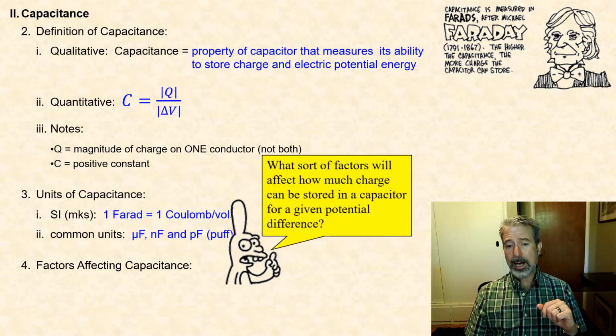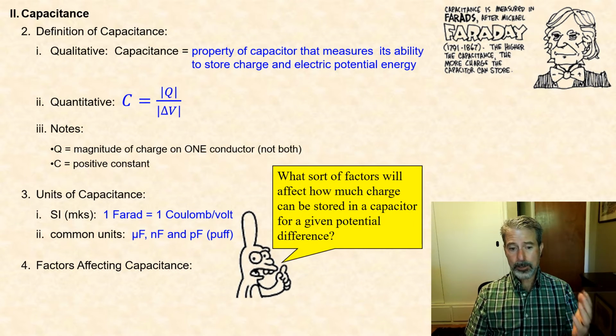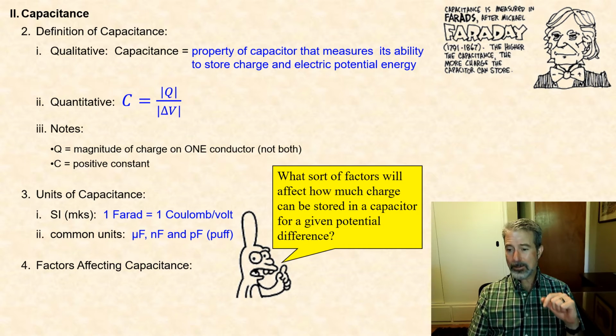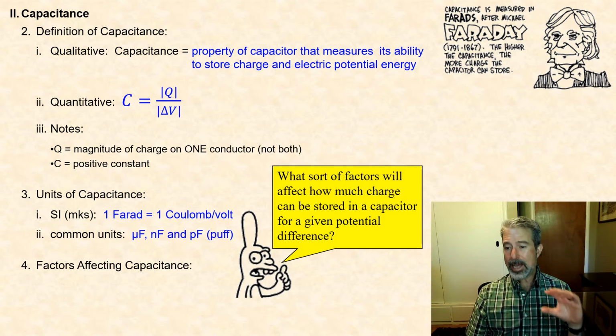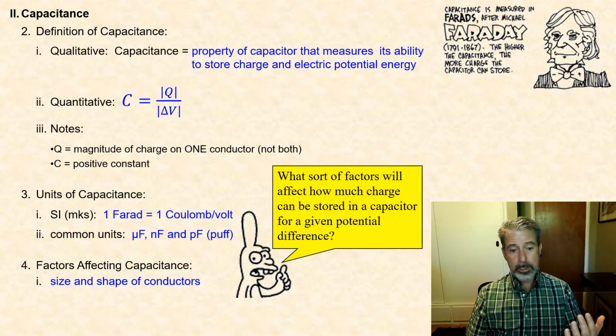So what sorts of factors affect the capacitance of a capacitor? We're going to be talking about that in great detail here. And remember, what affects capacitance is really what affects a capacitor's ability to store charge and therefore electric potential energy. As we will find out when we actually analytically calculate the capacitance for certain capacitors, we will see that certainly the size and shape of the conductors matters, as you might expect.